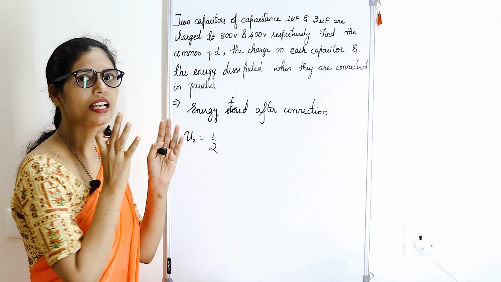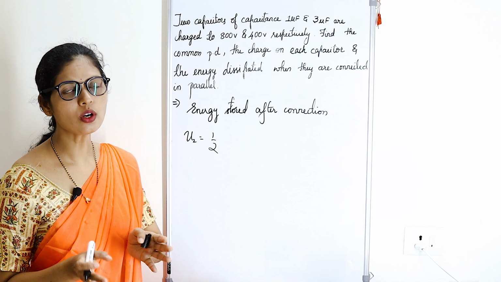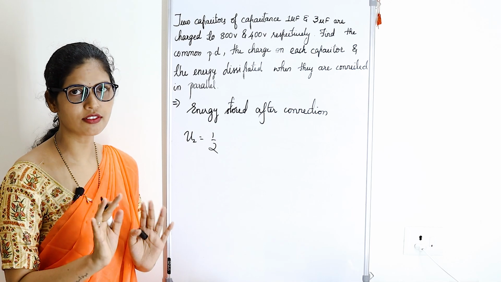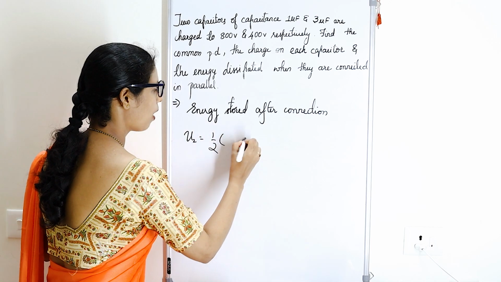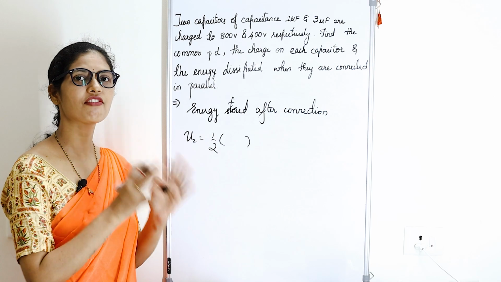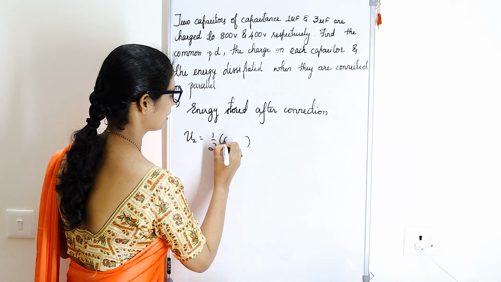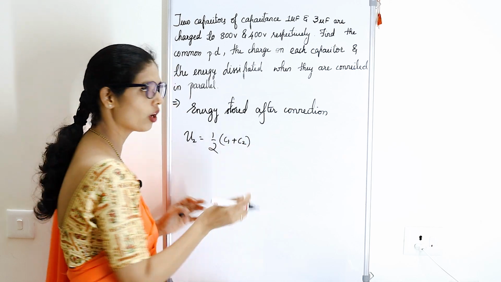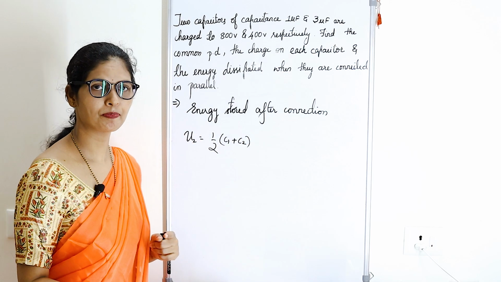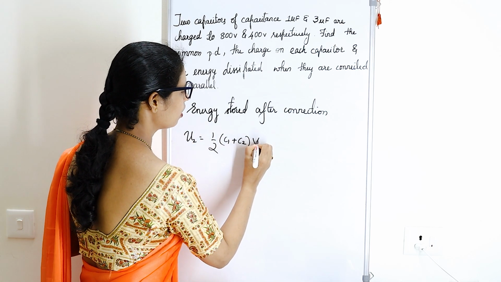Half into capacitance into the square of potential difference is the formula. Here after the connection you will consider the effective capacitance, that is C1 plus C2, or directly you can write it as CP, into V square.